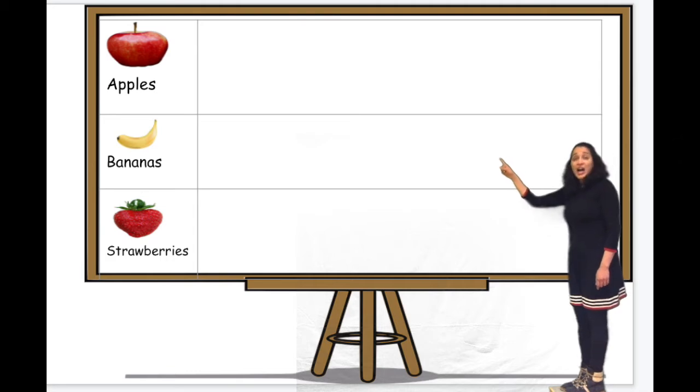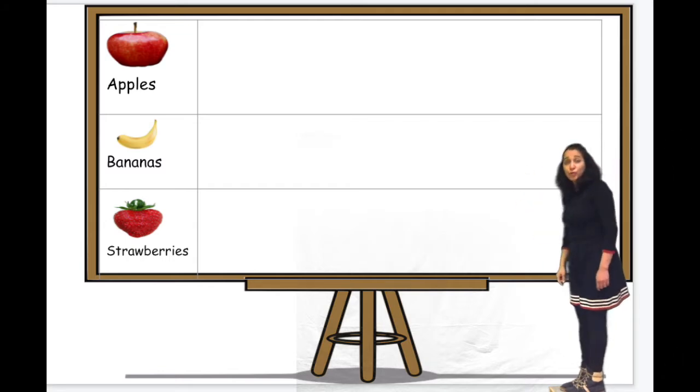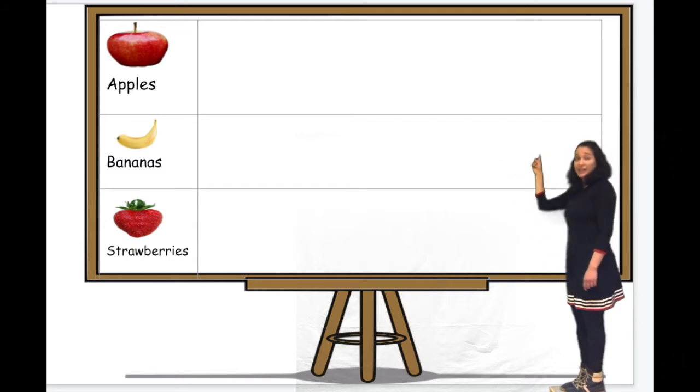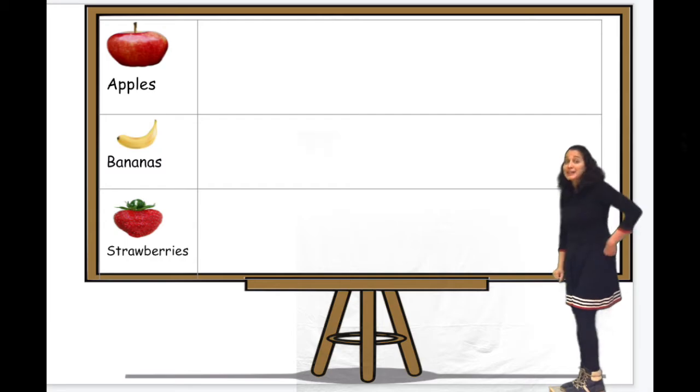So here I drew apple, banana, and strawberry. In this space here, I am going to draw how many apples there are, how many bananas there are, and how many strawberries there are. Let's count them.